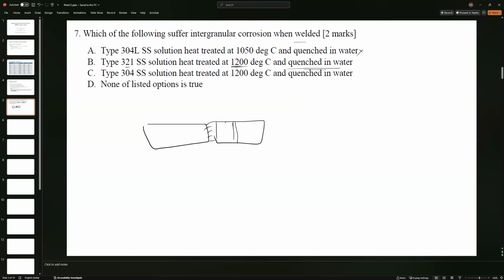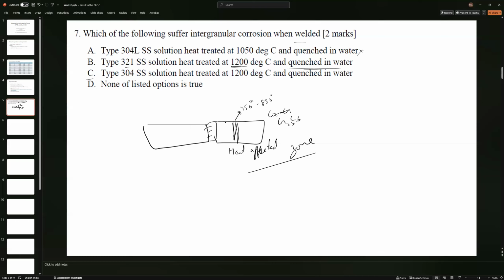There will be a heat affected zone here. This zone will reach 450 degrees Celsius, where chromium carbide will form, Cr23C6. So that will have intergranular corrosion at these points.